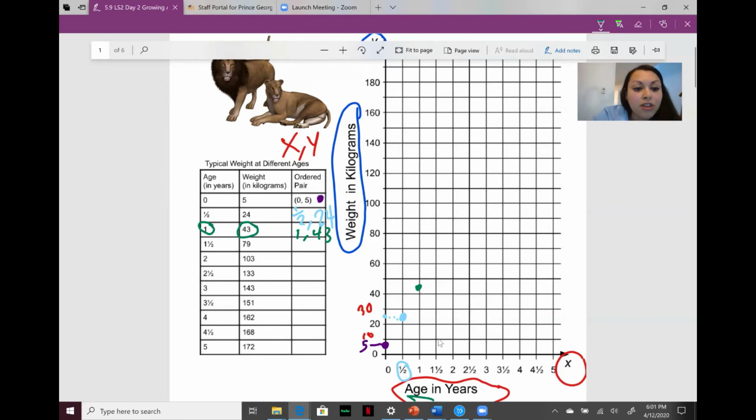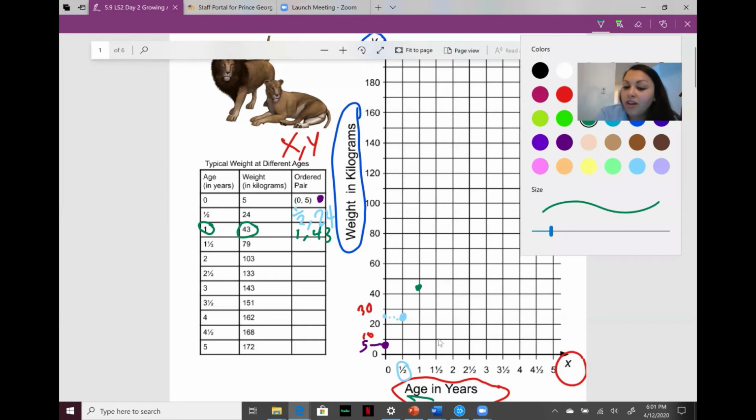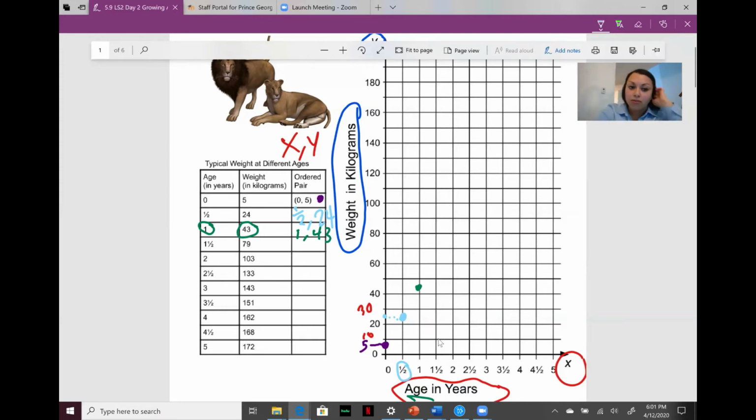So let's try some of the numbers that are at the end of our list, just to see the comparison between when they're very young versus when they're a little older. So let's start here at 4. At 4 years old, the lions now weigh 162 kilograms. So I go to my age 4, and they're going to weigh 162.